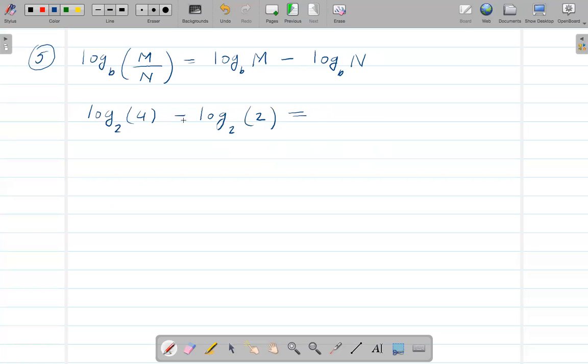Since there are two different logs with a minus sign in the middle with the same base, I can combine this into a single log and just divide 4 by 2, which is log base 2 of 2. So this one I can write as 2 to the power 1, right? That means log base 2 of 2 to the power 1 is just 1, right? Okay, now another one.